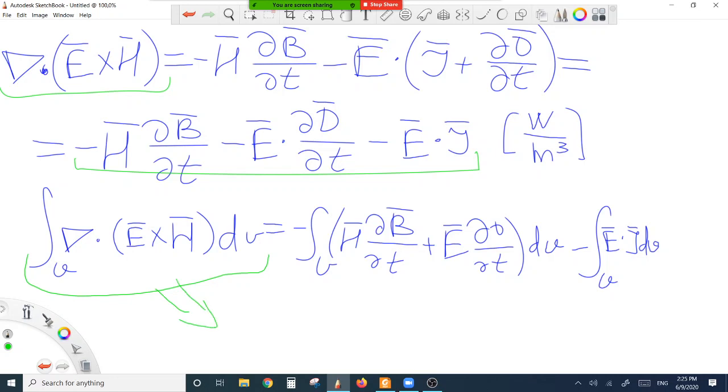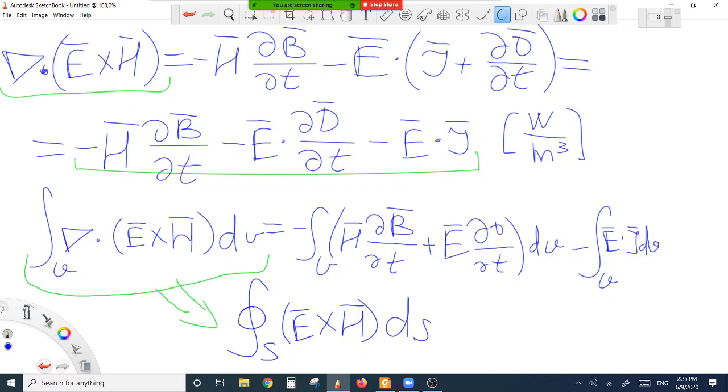So the left hand side will be equal to the integral over the closed surface S of E cross H ds. This comes from the divergence theorem.